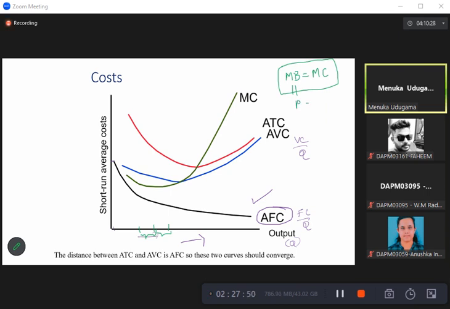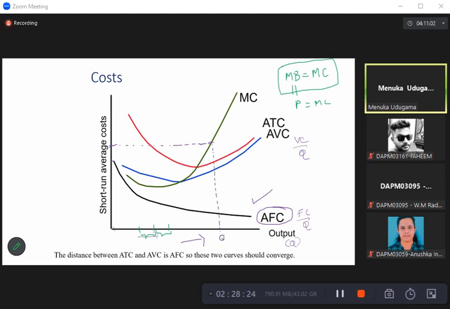So you would maximize profit where the price equals marginal cost. Now, if I take one point, let's take this point, a random value, and for that price there is a particular quantity.